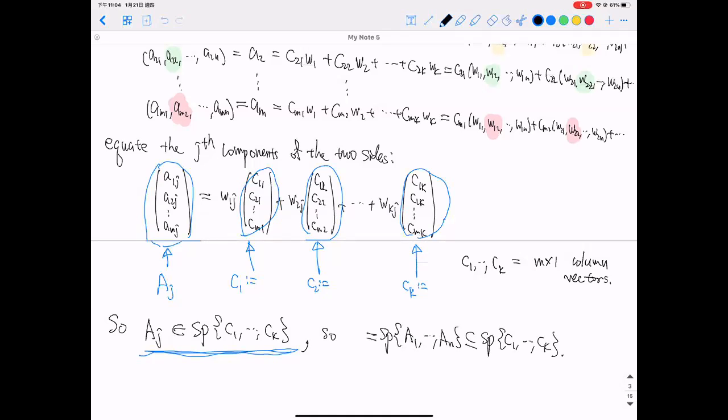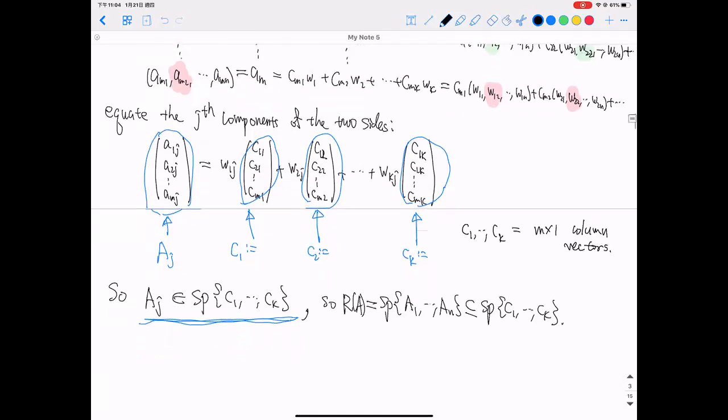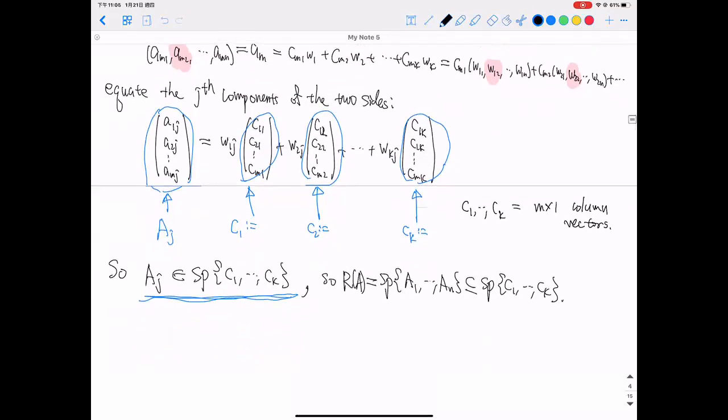And the span of A1 through AN is the range or the column space. Once you have this inclusion, you can compare dimensions: the dimension of the range of A cannot be more than the dimension of the span of C1 through CK.